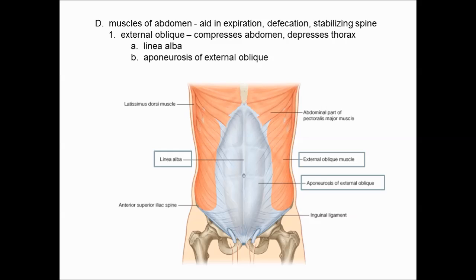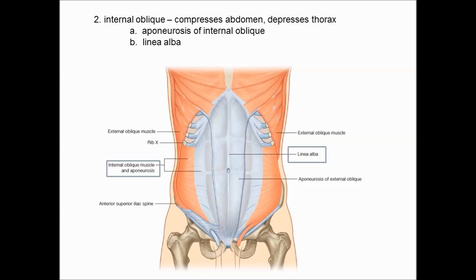If you cut away, as they've done right here, the external obliques very carefully, right underneath them, you tease between the two, you'll find an internal oblique. And what's nice is it has the absolute opposite orientation, so it goes upward where the other one goes downward. I think of it as layered plywood. If you want to increase the strength of a very thin layer of wood, you put another thin layer with the opposite orientation.